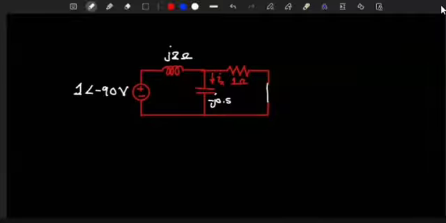That can also work. So which method do you want to use? Mesh analysis, nodal analysis, or straight out total resistance and Ohm's law? What would you use? The voltage law.